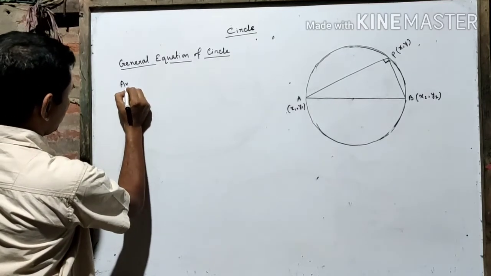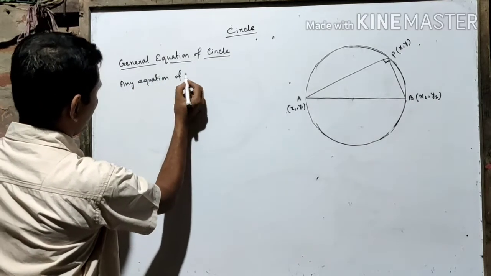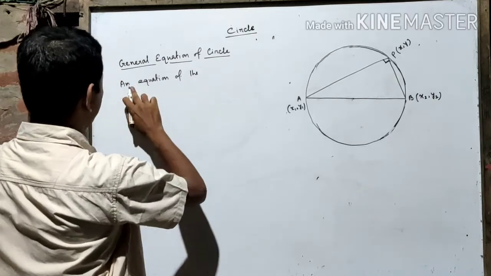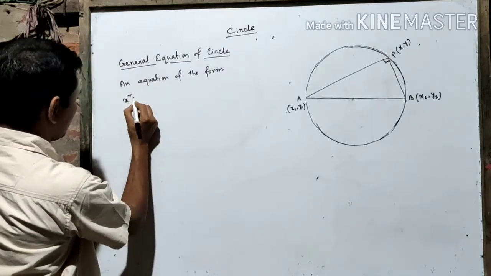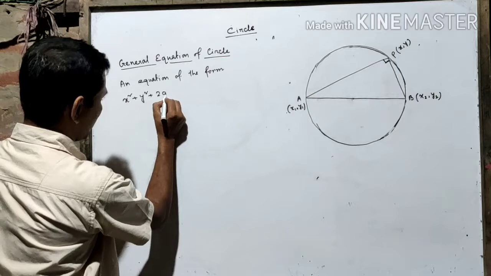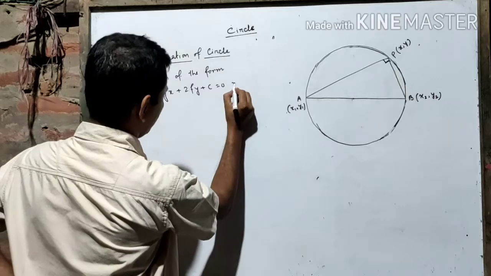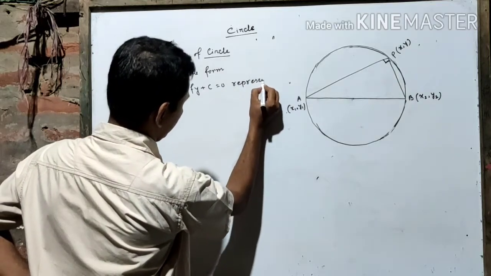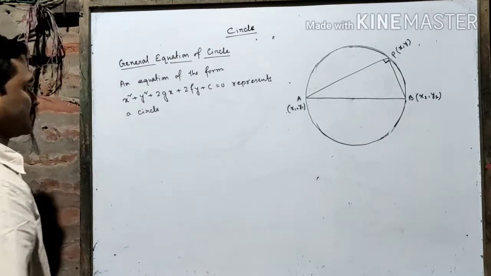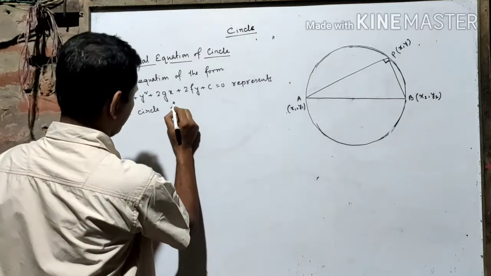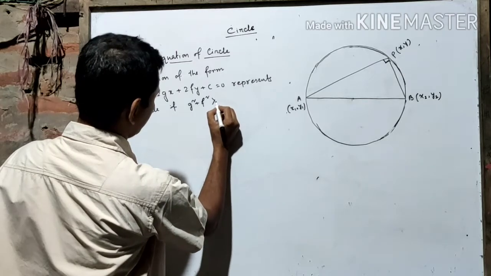Any equation of the form x squared plus y squared plus 2gx plus 2fy plus c equal to 0 represents a circle, but there is a condition: if g squared plus f squared is greater than or equal to c.